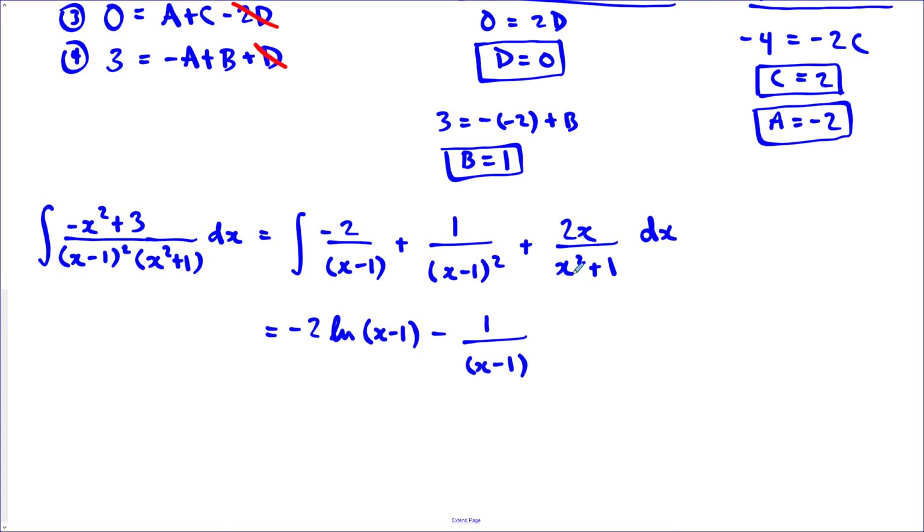And this one, you can use substitution if you find this difficult, but I see that the derivative of the bottom here gives us the numerator, so that's a good clue where that came from. So this one would just be plus the natural log of x² plus 1. And it's an indefinite integral, so I need a plus c.